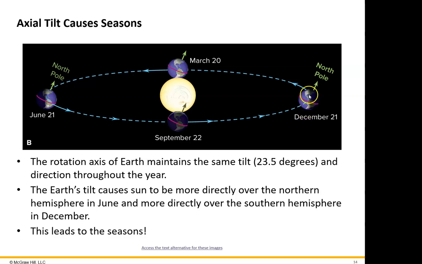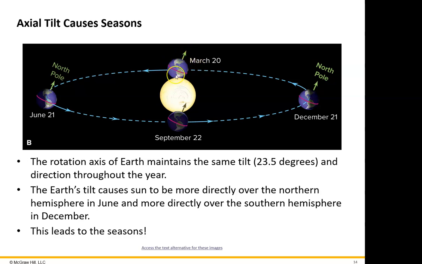Three months later, it's roughly March 21st or March 20th. Sometimes it can be as late as March 22nd, depending on the year. Now, in the northern hemisphere it's not winter anymore. It is the first day of spring.